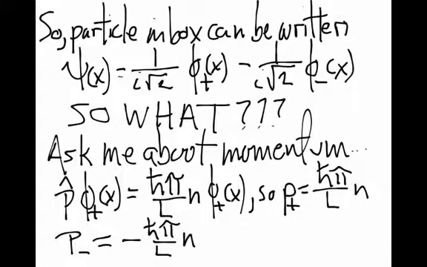It's just changing the sign. So instead of a positive momentum, I get a negative momentum. That means going forward, in the positive x direction, versus going in the negative x direction with the same magnitude. So they have the same magnitude of the momentum, just opposite signs for these two solutions.